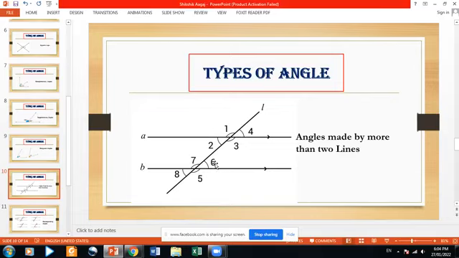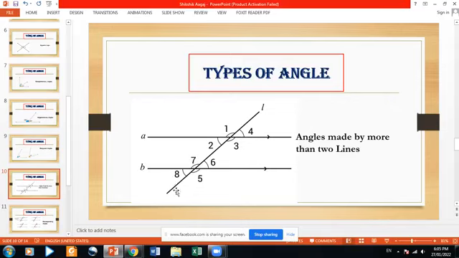If you practice and measure, you will come to know the measurement of 6 and the measurement of 7, and adding them gives 180 degrees. So angle 6 and angle 7 will be supplementary. Same, angle 7 and angle 8 will be supplementary.